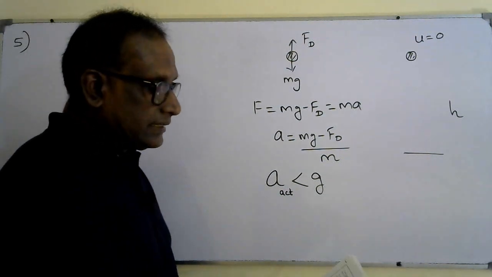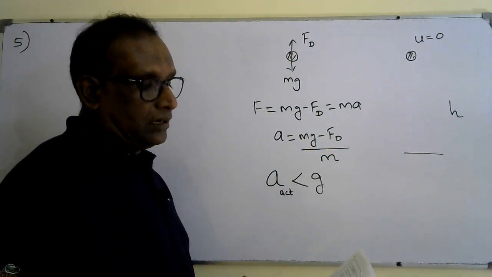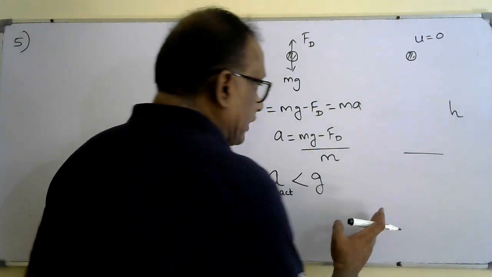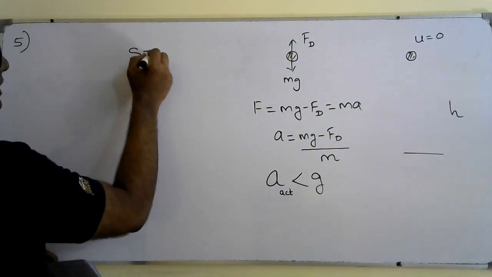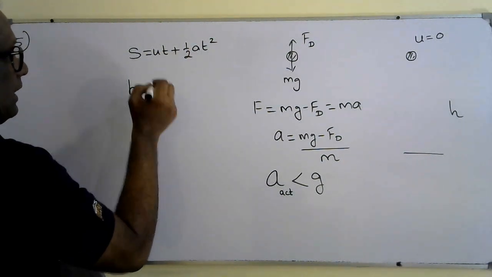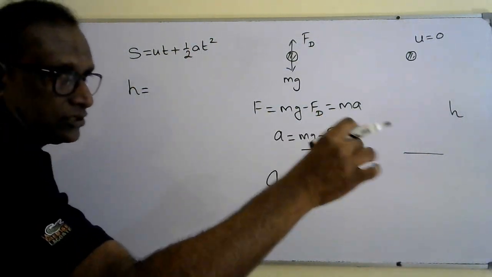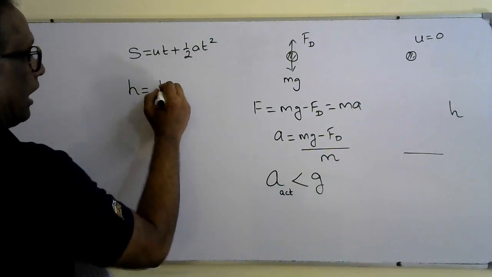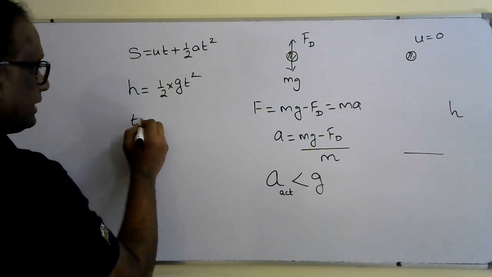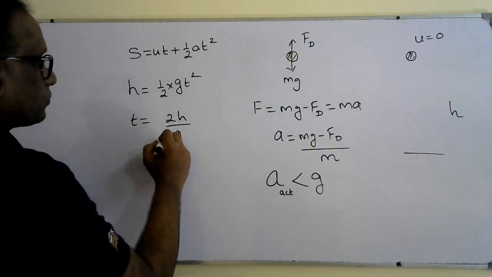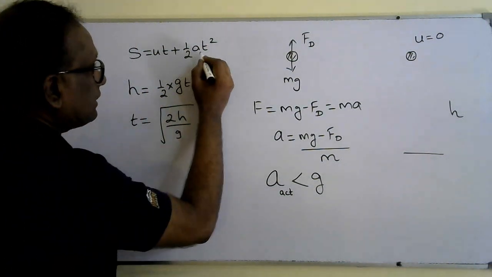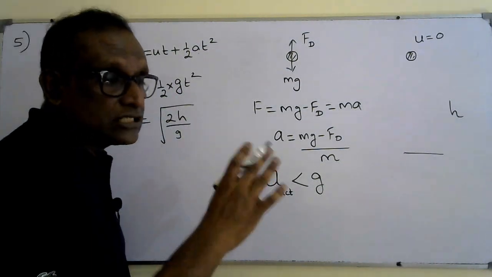Okay, the student calculated the time taken to reach the ground. He would have used s equals ut plus half at squared. The height is h, initial speed 0 because it said dropped, so half times a, he would have put g, t squared, and he would have got t as the square root of 2h over g. But I told you that actually the acceleration is not g, it is smaller than g.